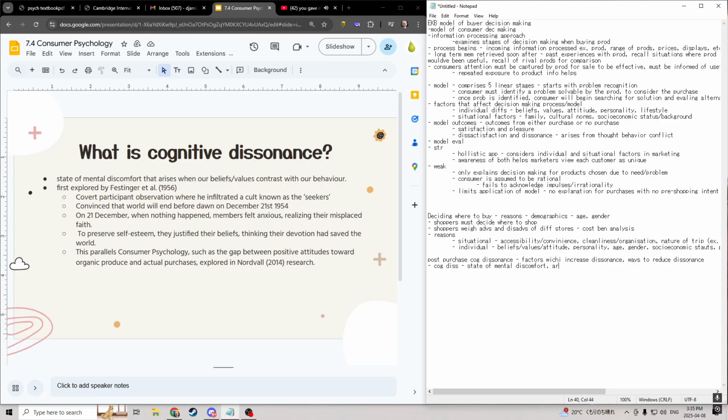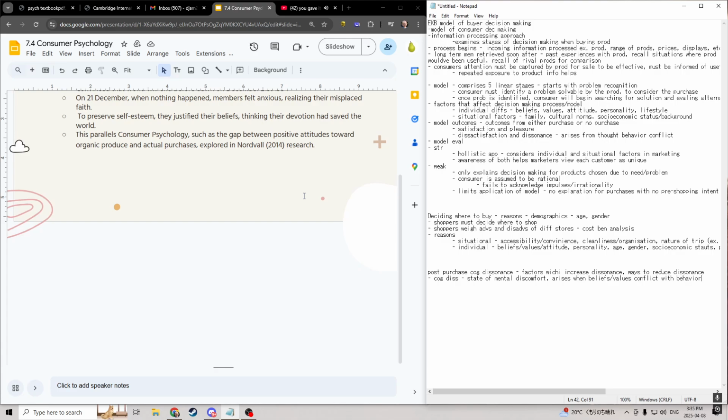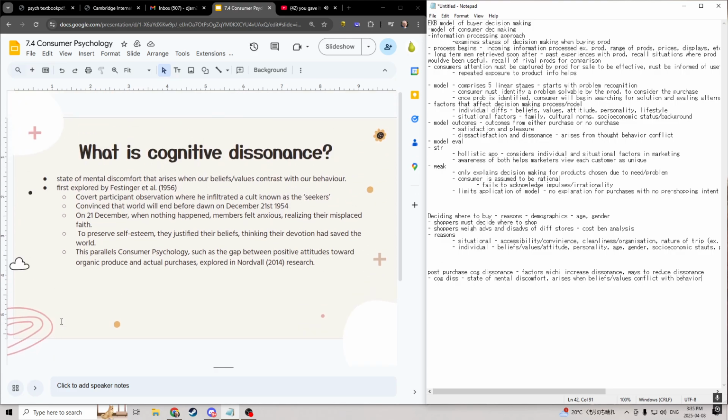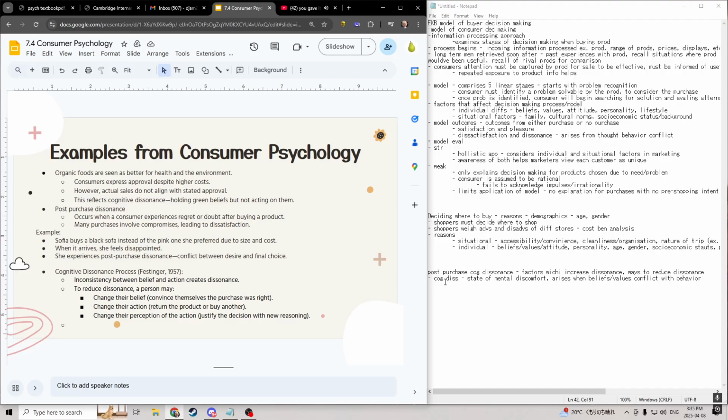State of mental discomfort arises when beliefs / values conflict with behavior. Once again, it's not working. Okay, I fixed it.